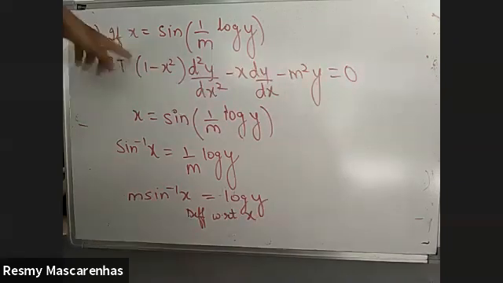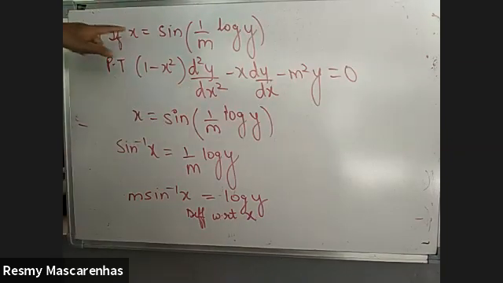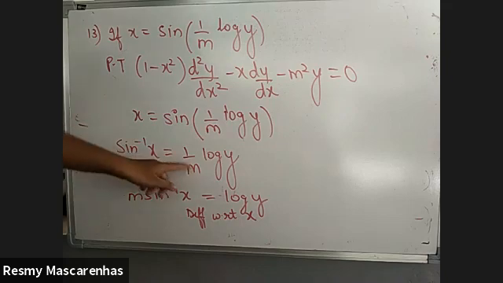Those who have joined late, I'll quickly repeat. This is the question given. If this is it, prove this. So I've taken the question. Sine I brought on the other side, so it became sine inverse of x. Then m also I brought this side. And now differentiate it.